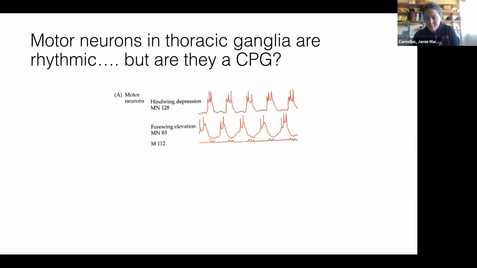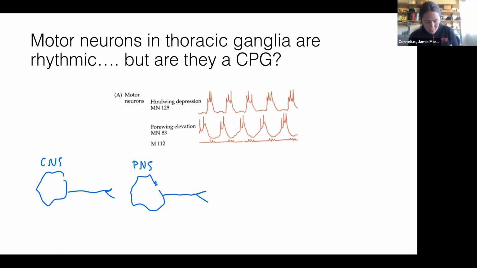You could have a central nervous system neuron, and then maybe a peripheral nervous system neuron, and that may or may not be the motor neuron. If it is the motor neuron, then it connects directly to the muscle.